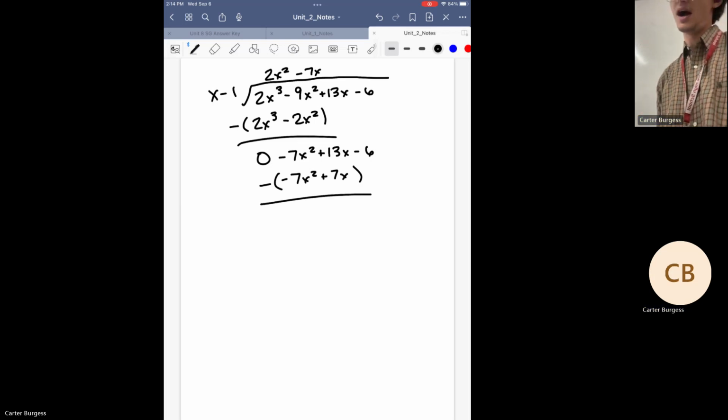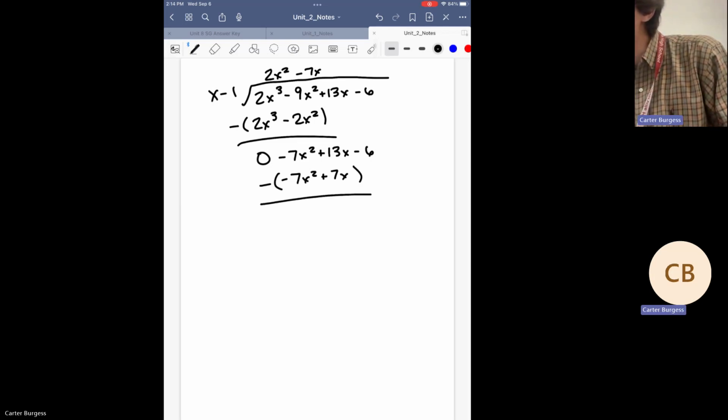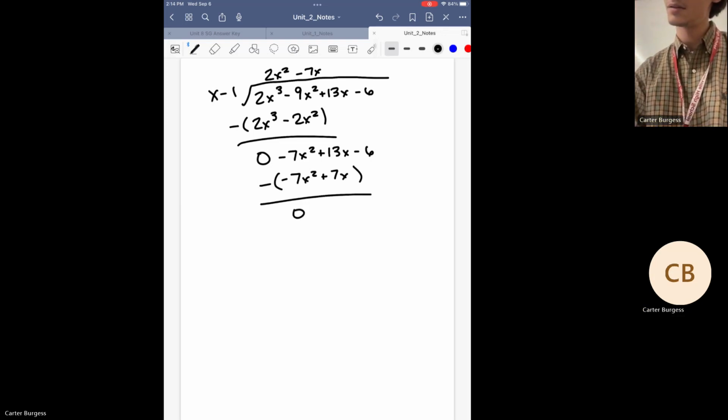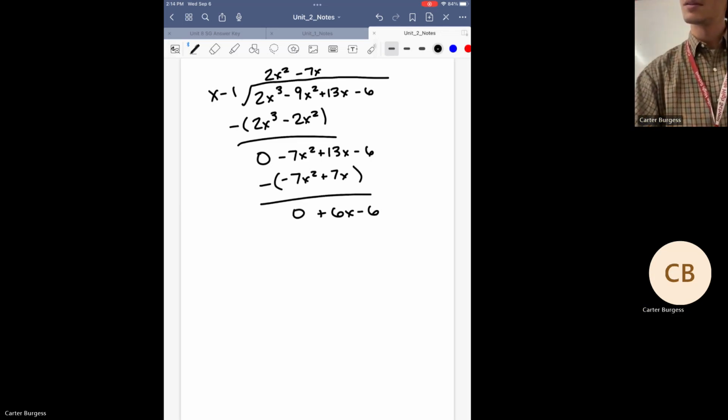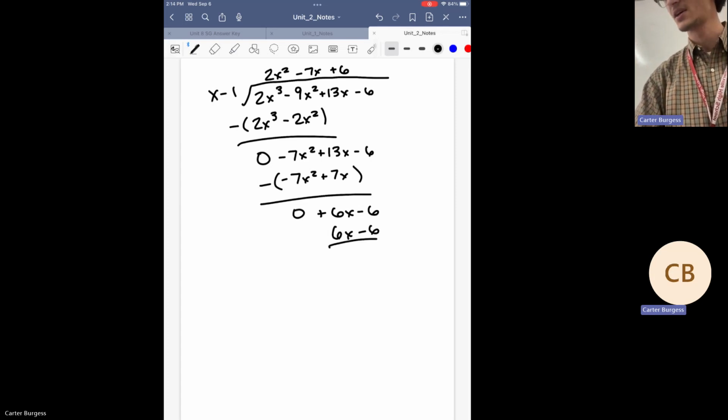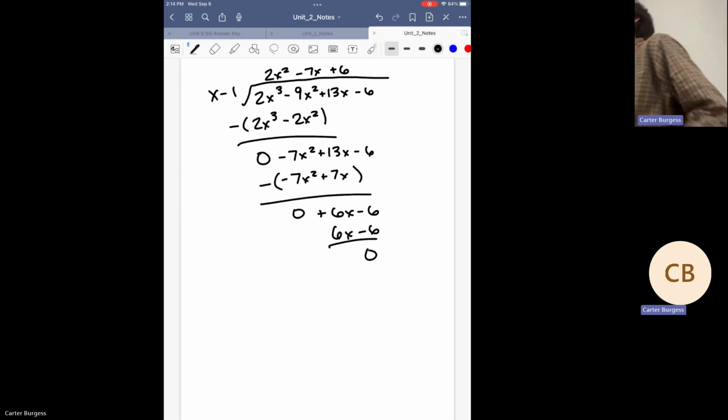Subtracting. 13x minus 7x is going to give us 6x. And then how do I match x to 6x? With a positive 6, 6x minus 6, which gives me a remainder of 0.